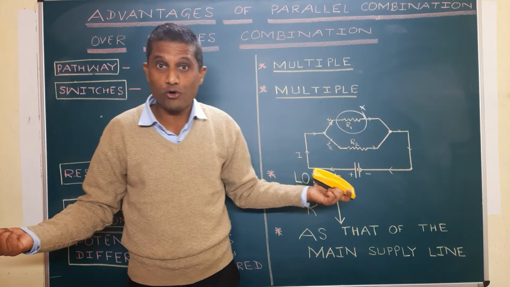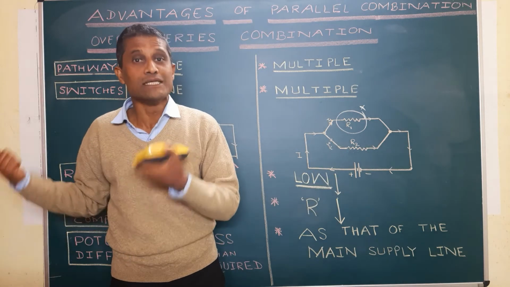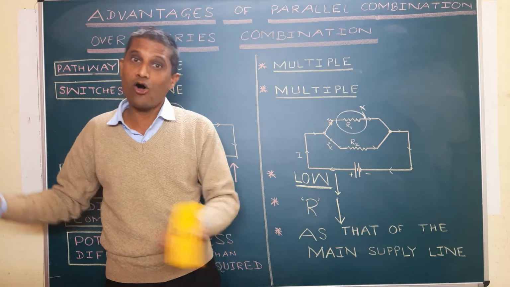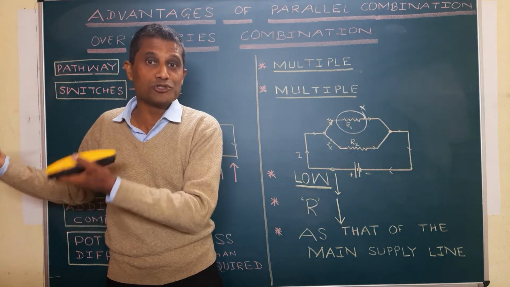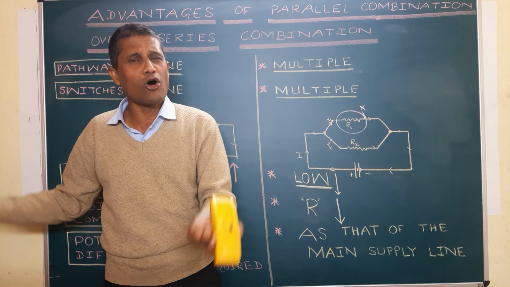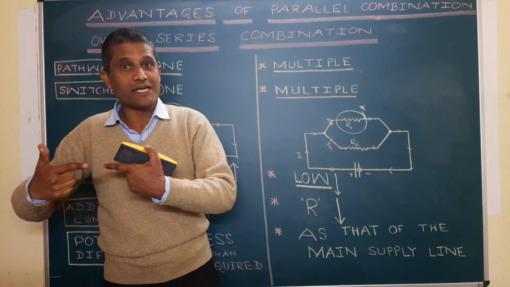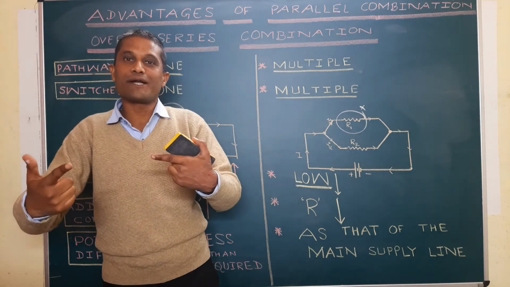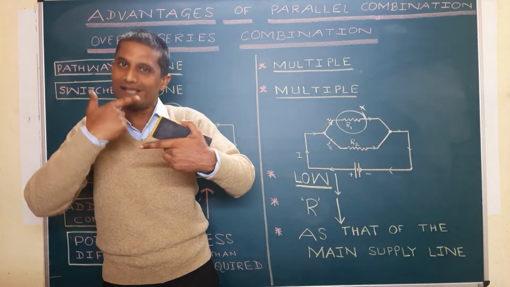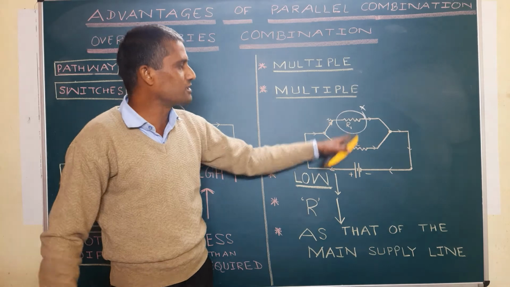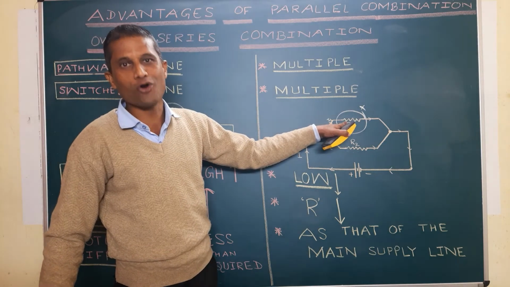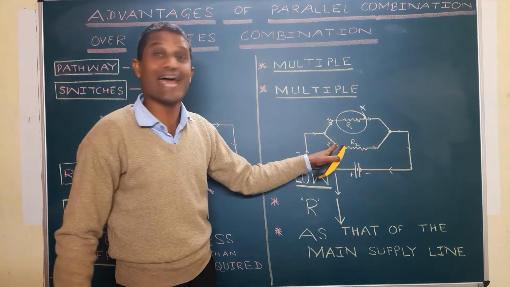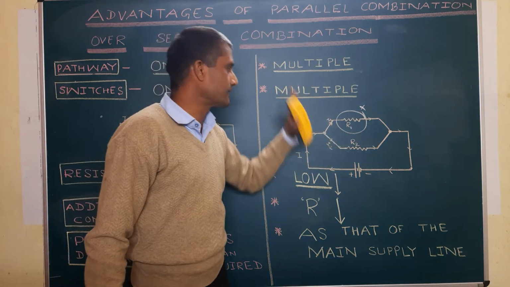You have noticed in your own home that if one of the bulbs got fused, all other bulbs or tube lights keep functioning, because all those electric components have been put in parallel combination. Every electric component has got a different pathway for the current to flow through, so it is not dependent upon the working or non-working of other electric appliances. So that is the advantage for the parallel combination.